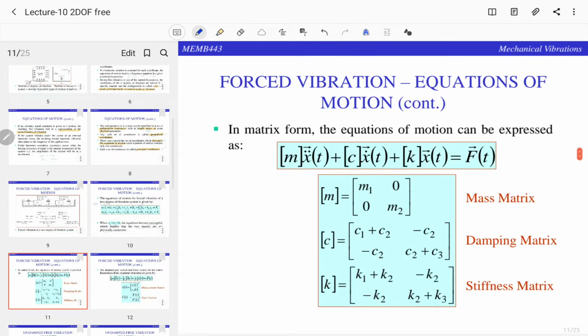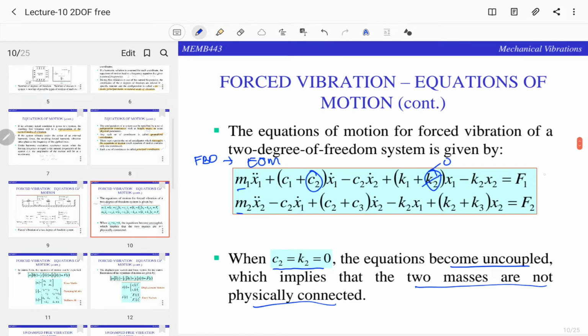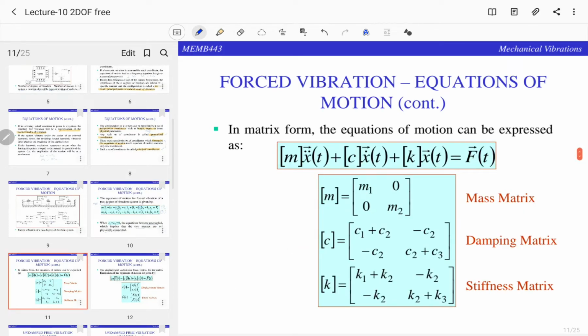So from these two equations, you can write it in matrix form, where you rearrange in terms of x1 and x2.